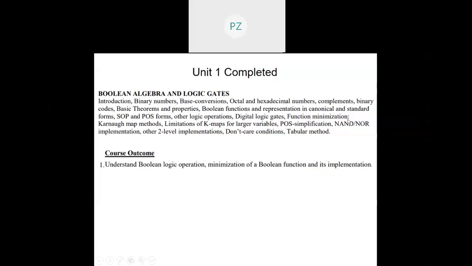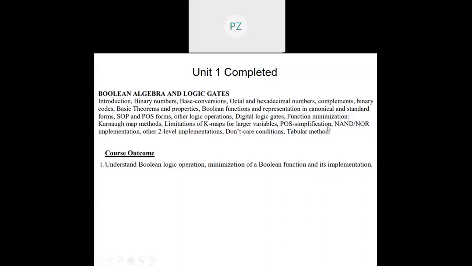We went on to function minimization and we introduced Karnaugh map. We did it for 2 variable, 3 variable, 4 variable, limitations of K-map for larger variables. So we have seen larger variables going beyond 4, it gets difficult. 5, 6 becomes very difficult to visualize, and beyond 6, it is impossible to do using K-map.